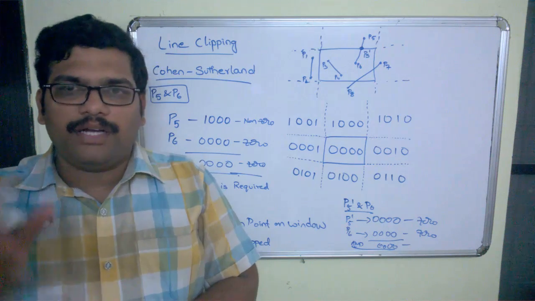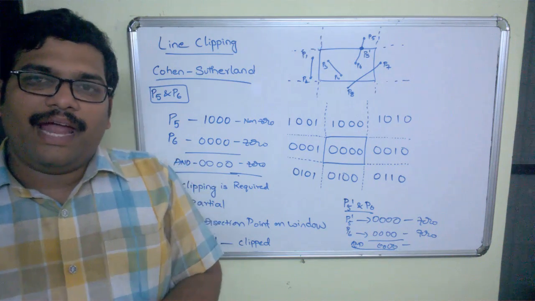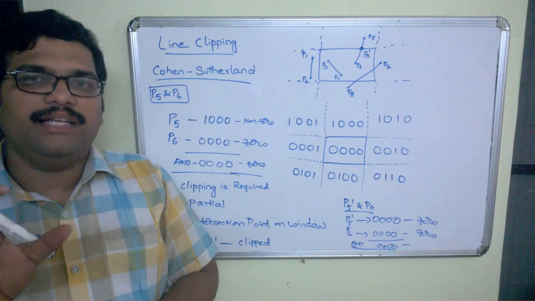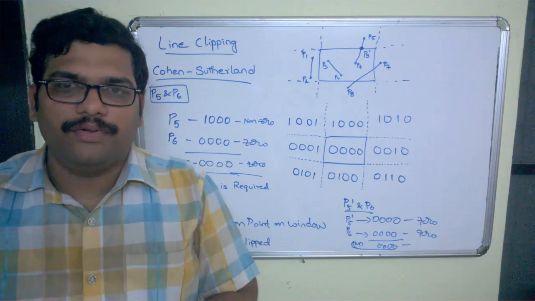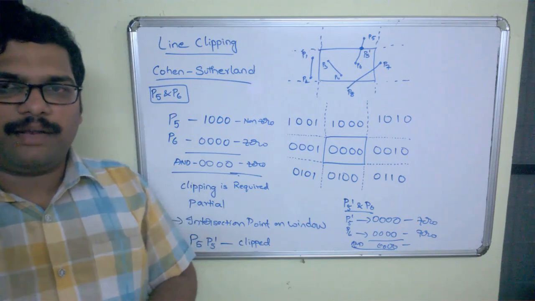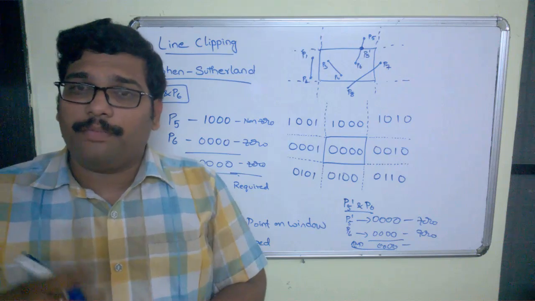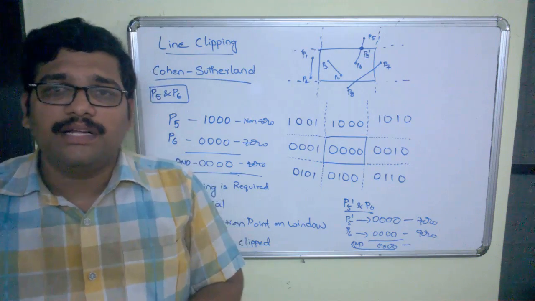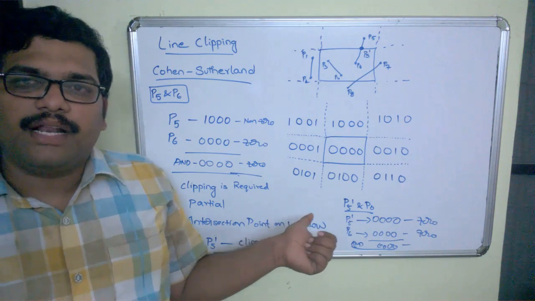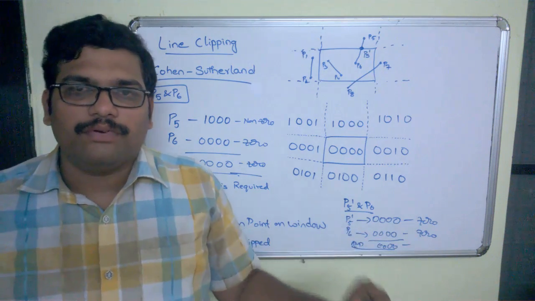And if both the points are non-zeros and the AND operation is also non-zero, that indicates the complete line is outside the window. And if the 2 points are non-zeros and we get the AND operation result as 0, that means some portion of the line lies inside the window and some portion of the line lies outside the window.